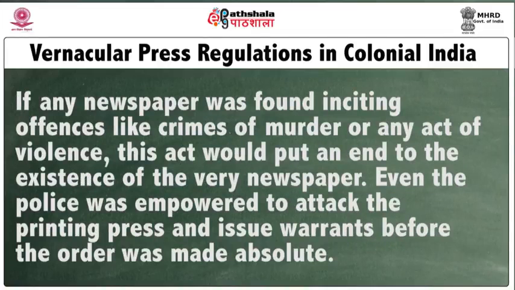If any newspaper was found inciting offences like crimes of murder or any act of violence, this act would put an end to the existence of the very newspaper. Even the police was empowered to attack the printing press and issue warrants before the order was made absolute.